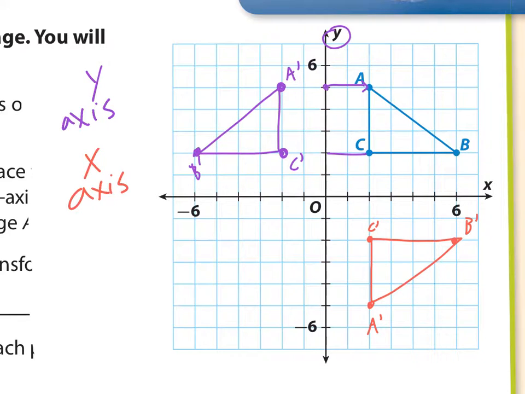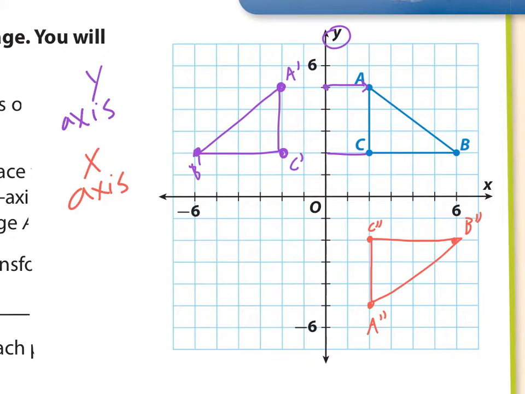Now, I already have an A prime up here. So what I'm going to do is make all of my red double prime. That way I can talk about different triangles and know which one I'm referring to. Okay, so these are our most basic reflections, x-axis and y-axis.